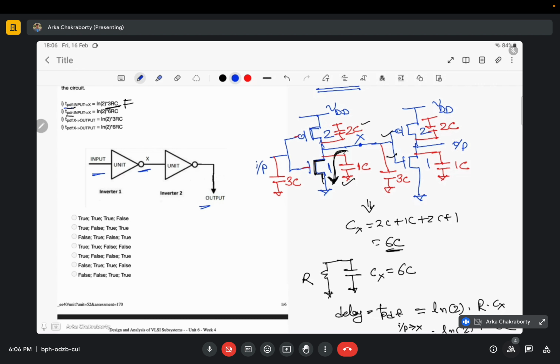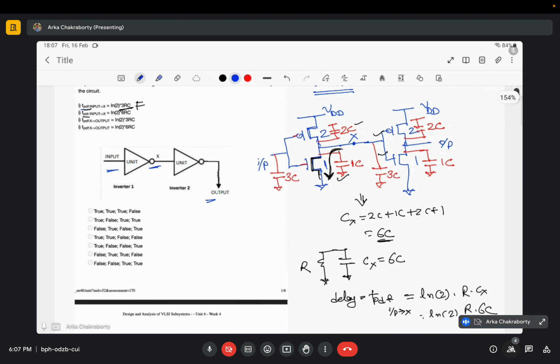Because PMOS pulls up the voltage to VDD and NMOS discharges the output, pulls down the output to ground. So the NMOS stack is called the pull-down stack, and the PMOS stack is called the pull-up stack. Okay, so the second one is t propagation delay for rising from input to x is 6RC ln2.